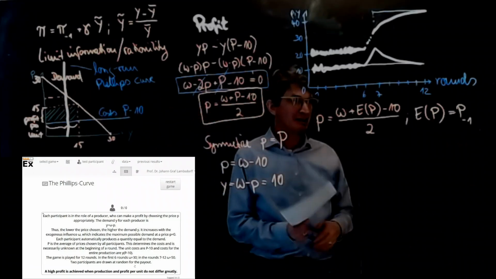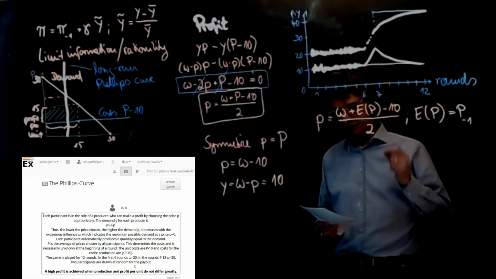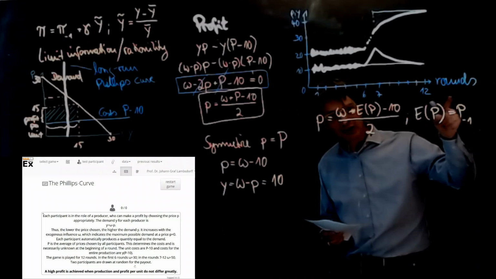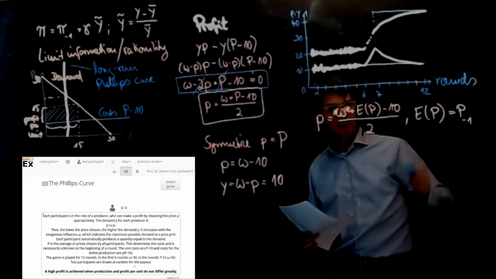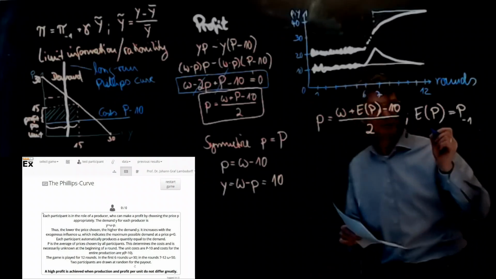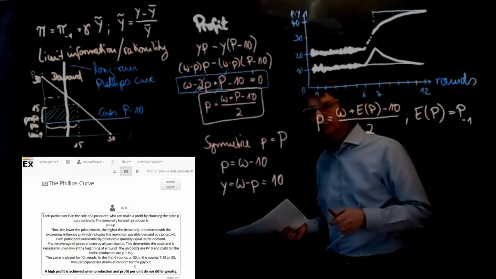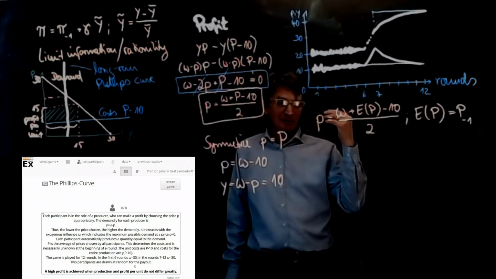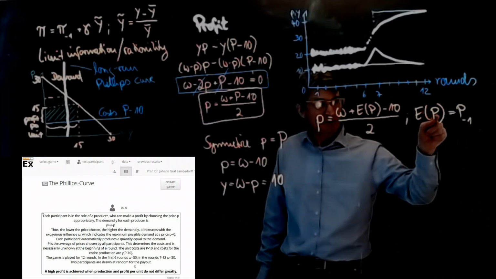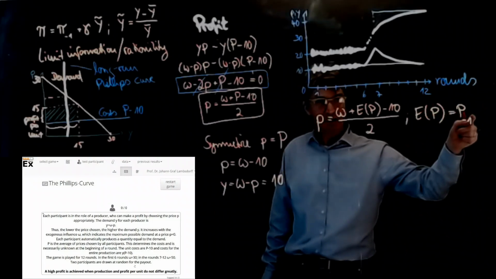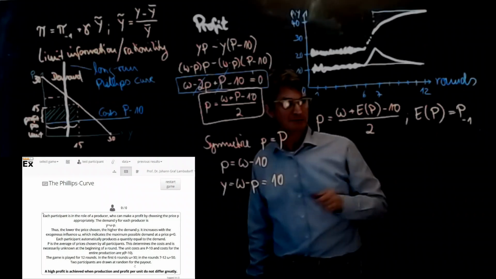In such a case, it might be reasonable to assume a slightly more complex function for the formation of expectations. And this would be to assume not that the price will be, the average price, capital P, will be identical to the past, but rather that inflation will stay constant.